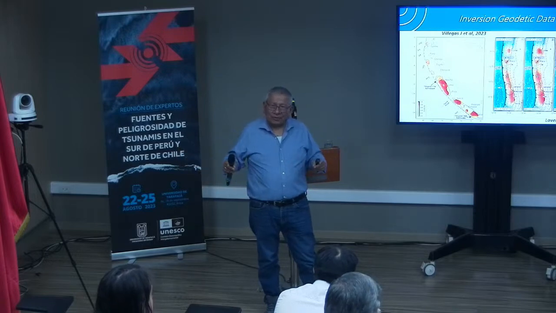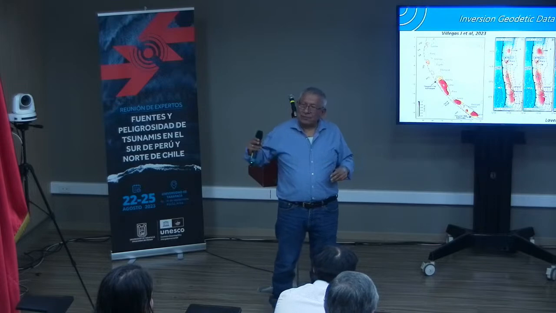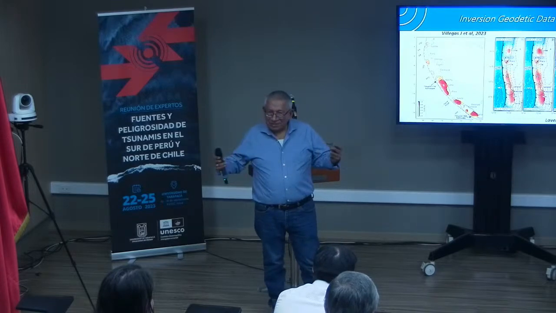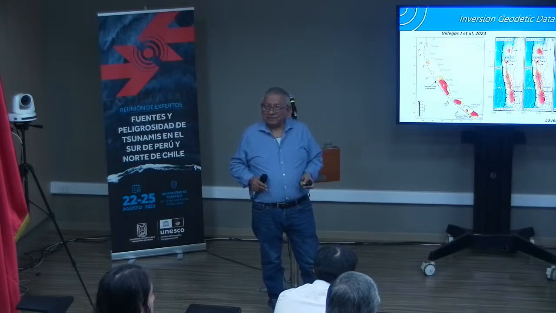We cannot talk about the periodicity in stick slipping. We assume that this has a recurrence time, but it hasn't been completely demonstrated. I agree with you, Edmundo, that periodicity should not be spoken of in this kind of thing, and recurrence is a very loose word in this case.